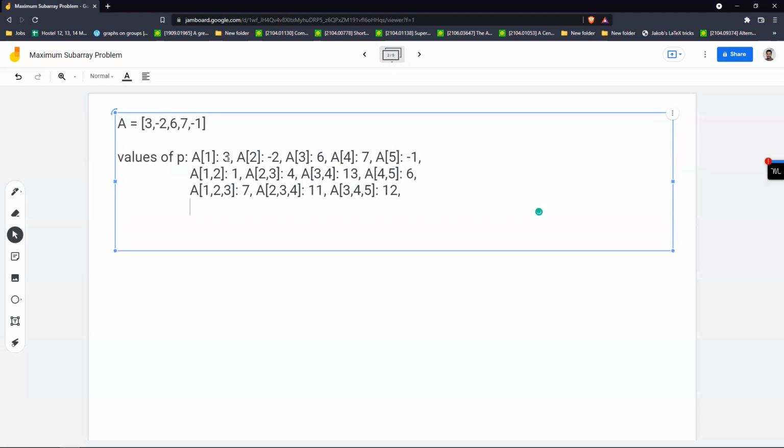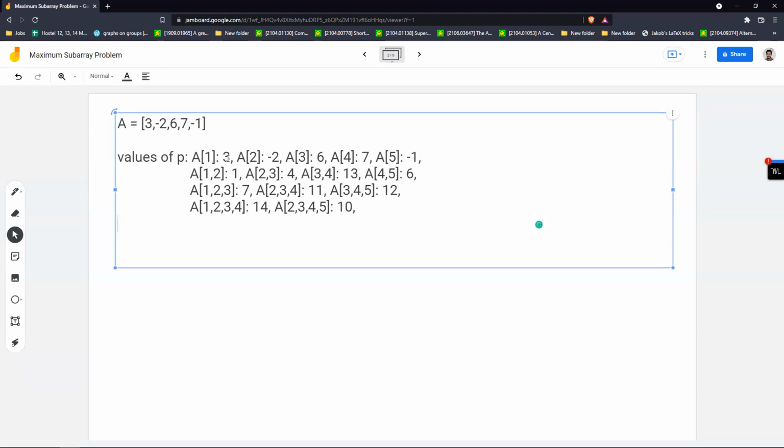Length 4 subarrays: 1, 2, 3, 4. What is the sum? 3 minus 2, 1, plus 13, that is 14. Then you have 2, 3, 4, 5. What is the sum? 13 minus 3, 10. Sum is 10, you can check. And then finally you have the full array itself, A 1, 2, 3, 4, 5.